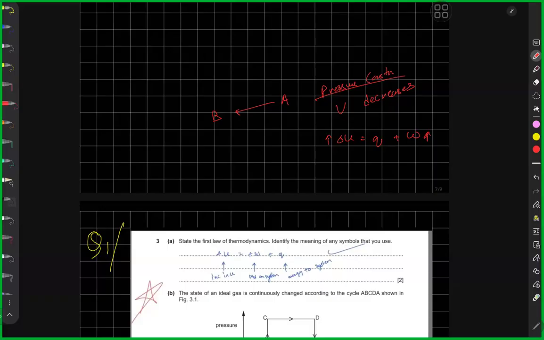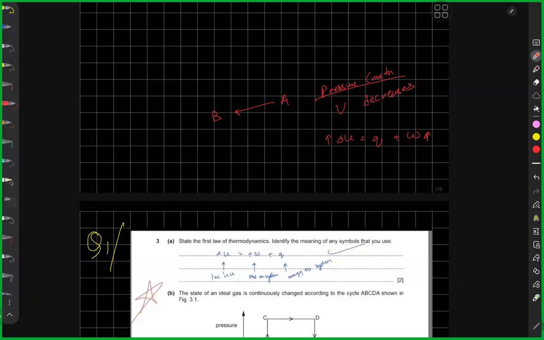So I thought if they were inversely proportional, then since volume decreases, temperature will increase, and so the internal energy will increase. Great. Fair enough. So that is an answer.